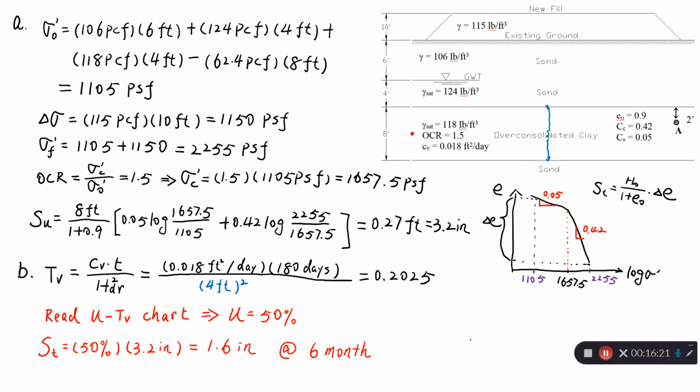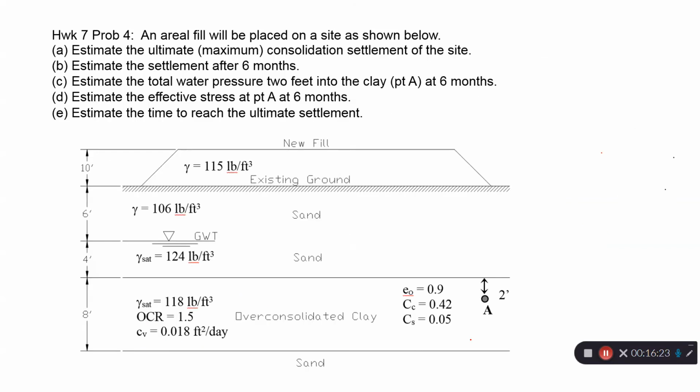Okay. Now let's look at part C. Estimate the total water pressure 2 feet into the clay, point A, at 6 months.